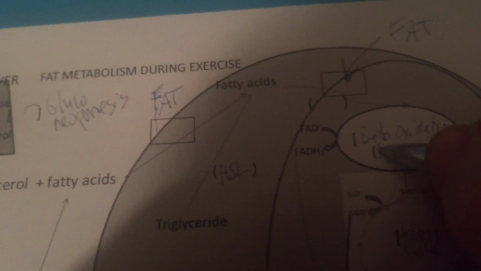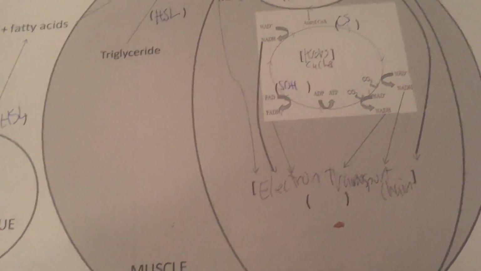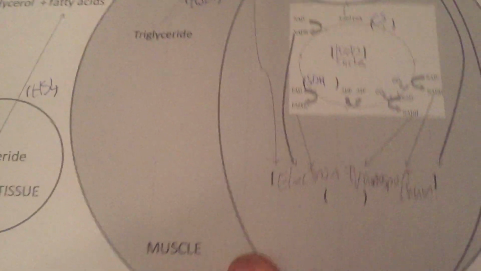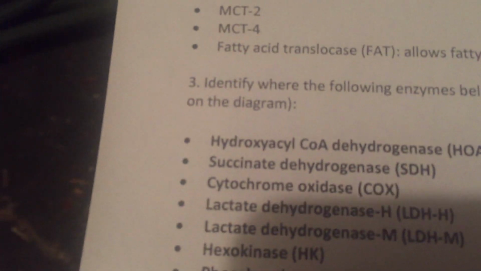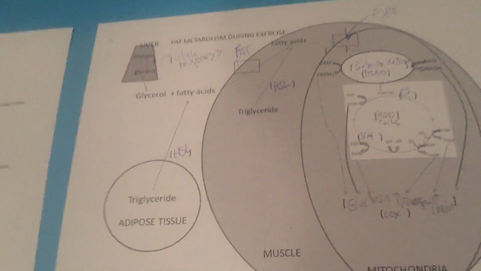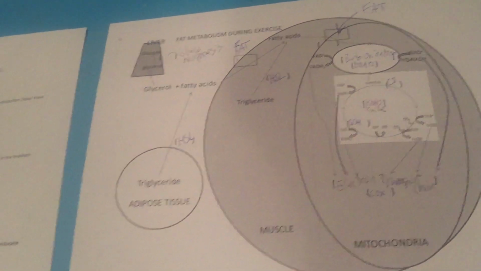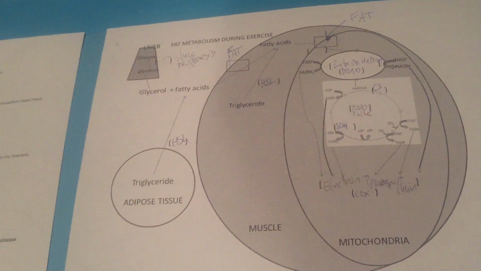So I'm just putting in HOAD in that bracket. And then the only one we have left here is cytochrome oxidase, which I have abbreviated as COX. So I'm going to put COX in that square bracket. So I think that is it for the entire fat metabolism slide.